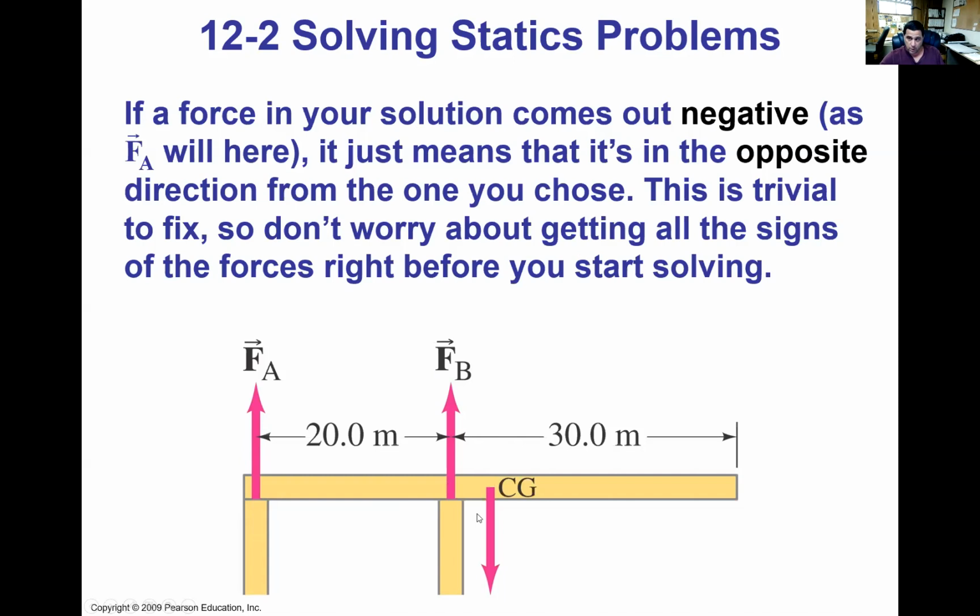If you assume it's going downward and you get a negative answer, then it's going upward. So it just means it's in the opposite direction of what you chose. So don't worry about getting all of the signs right in your assumption. In the answer, it will work out in the math.